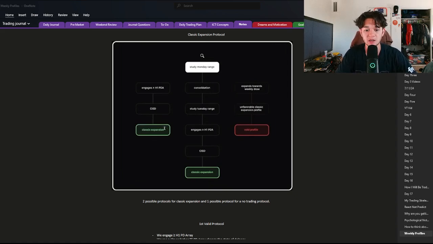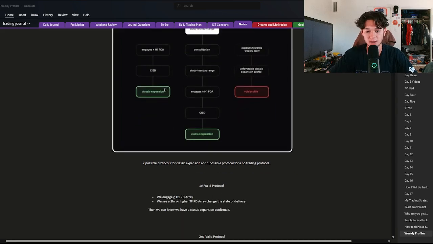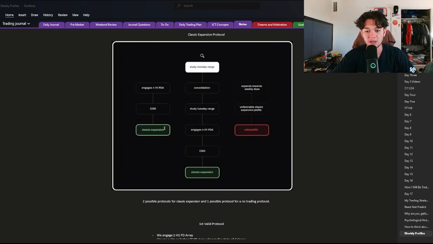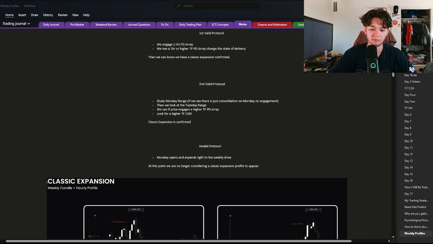We'd want to see Tuesday or Wednesday come up and sweep the highs of the range and then see expansion down. Then we're waiting for that change in the state of delivery to confirm. We can void this profile and know that we're not going to have a classic expansion when on Monday and Tuesday we start to expand towards that weekly draw. Immediately we can void that profile.